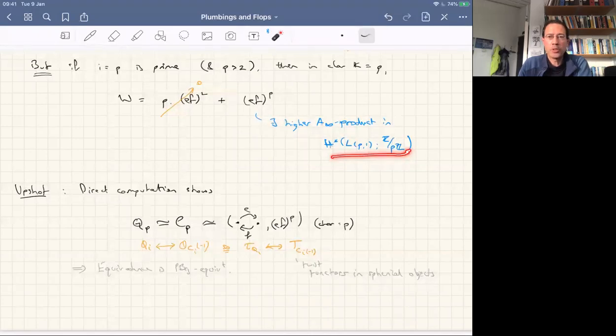If I took not the finite-dimensional lens space but the infinite-dimensional lens space, which of course is an Eilenberg-MacLane space, K(Z mod P, 1), then its classical cohomology is just the Ext algebra over the group ring of Z mod P of the simple module, and the existence of this higher product is a very classical thing.